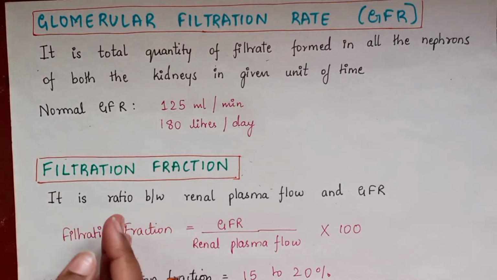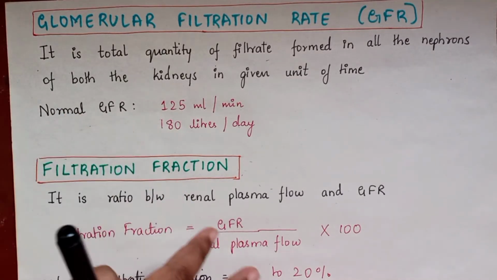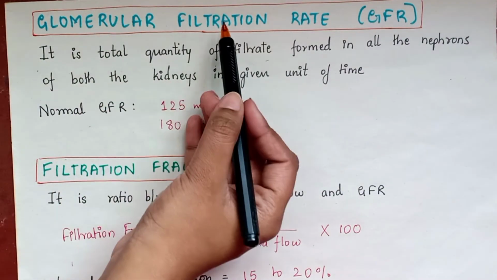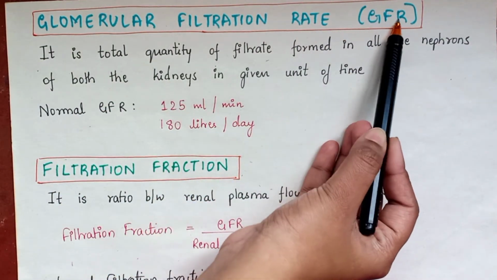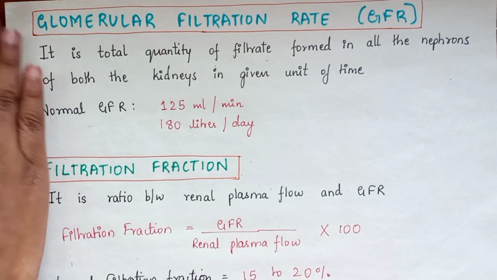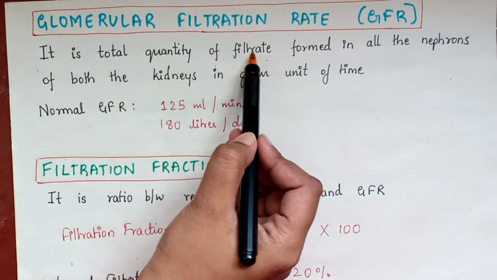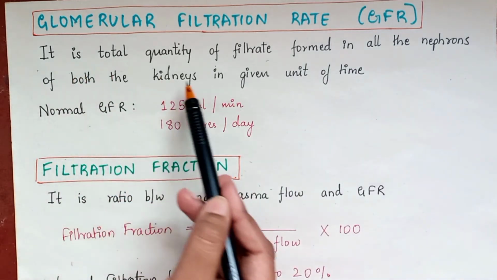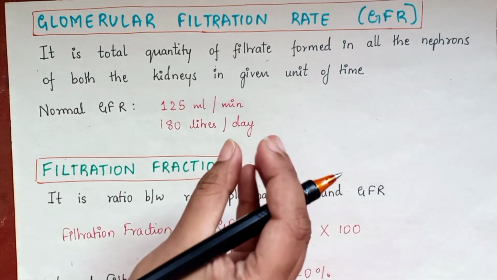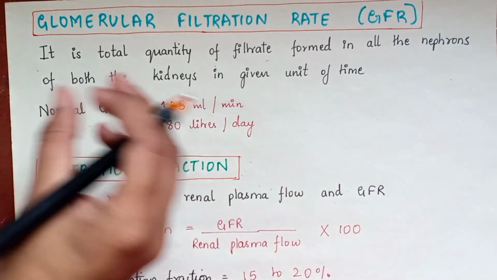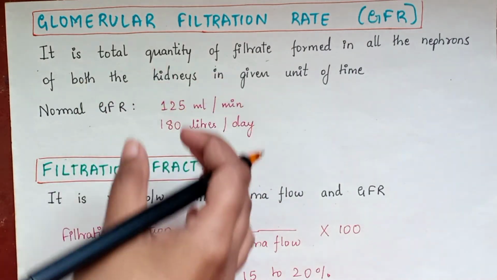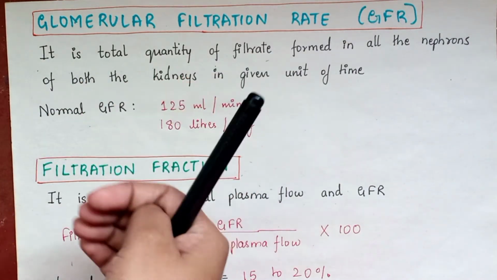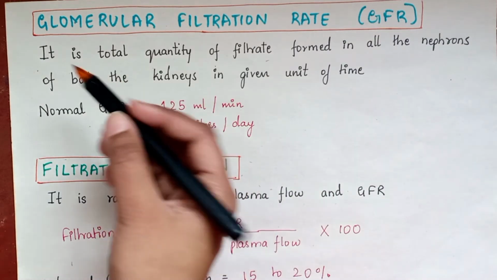Now before proceeding, we need to understand some of the terminologies. Here it is very important, please pay attention. It is glomerular filtration rate, also known as GFR. It is the total quantity of filtrate formed in all the nephrons of both kidneys in a given unit of time. Here you need to understand that filtrate is nothing but the filtered fluid.